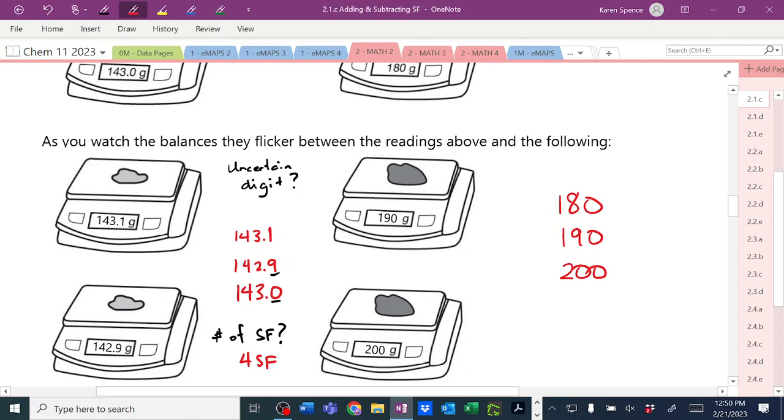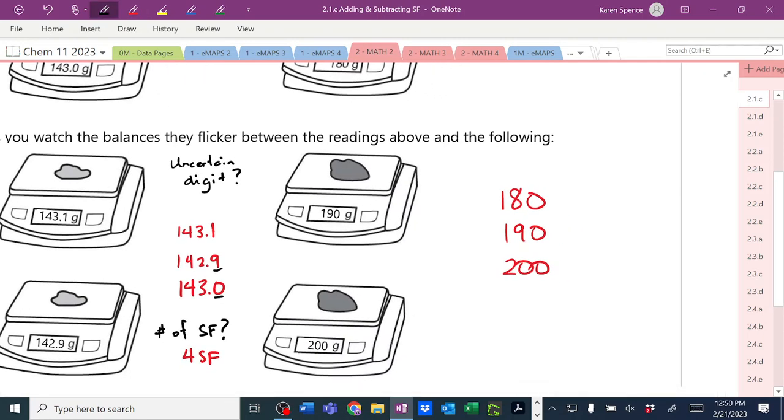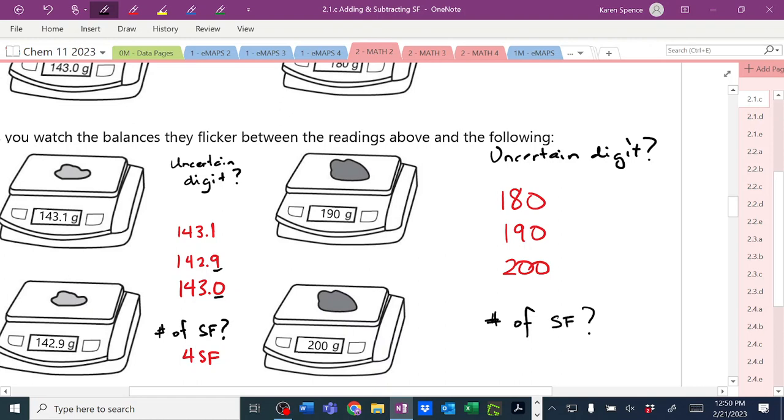So once again, you're going to decide with your neighbors what the uncertain digit is and how many sig figs. Those are the only numbers that show up. It keeps flickering back and forth between those 3 numbers.